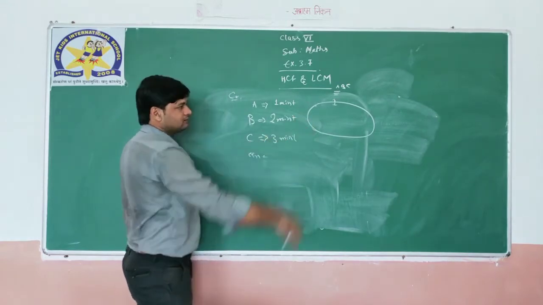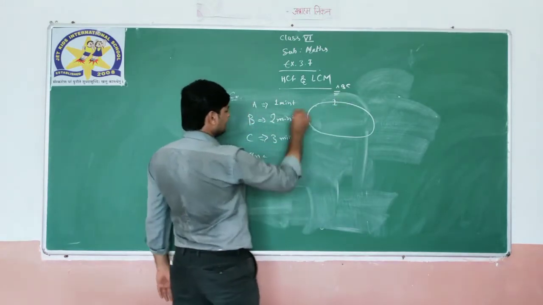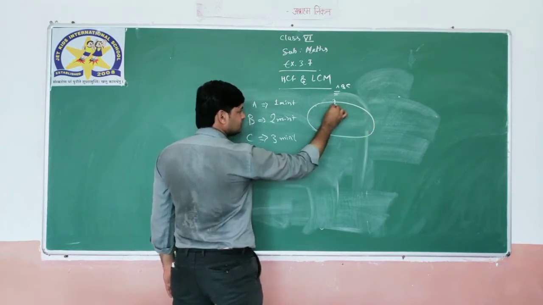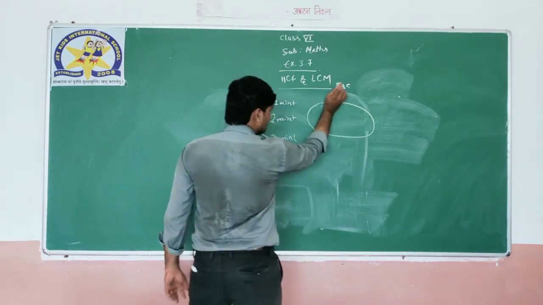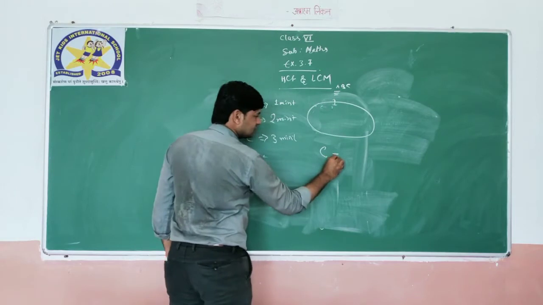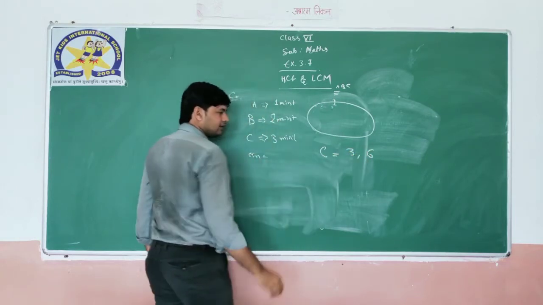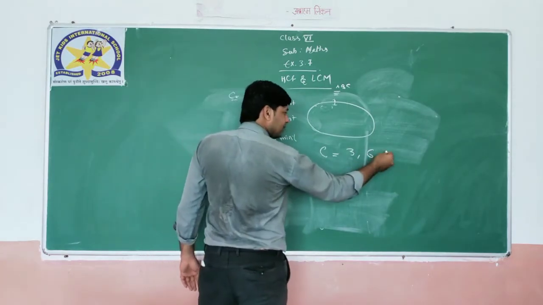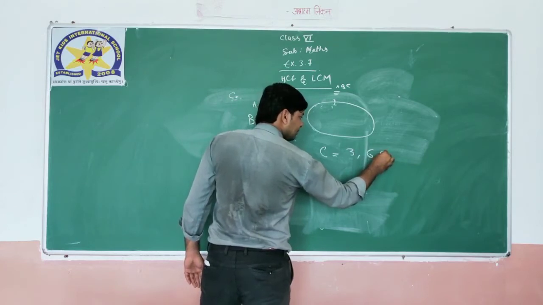Now traditionally, just pay attention. C is running and completing the first round in 3 minutes, next in 6 minutes, then the third in 9 minutes.